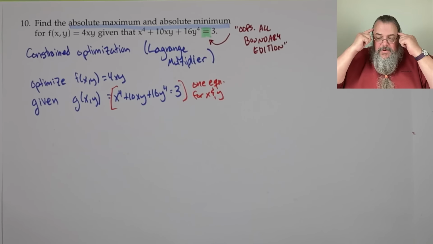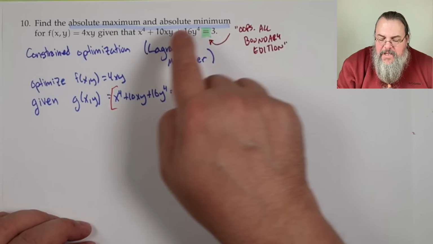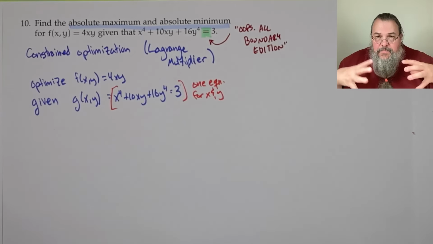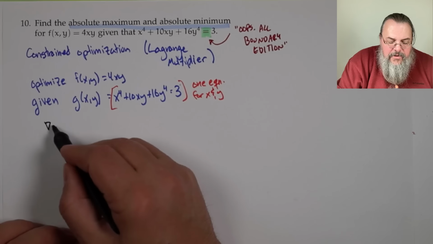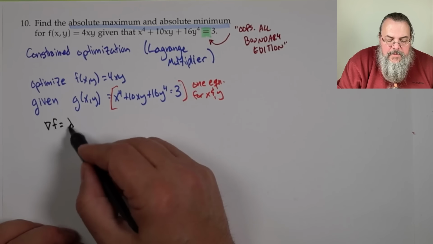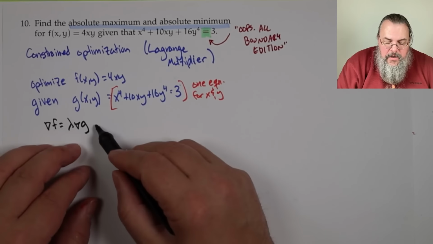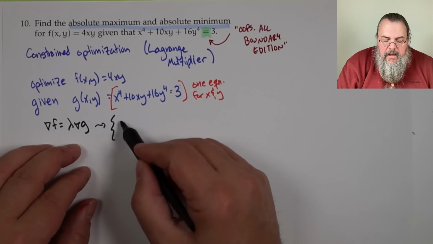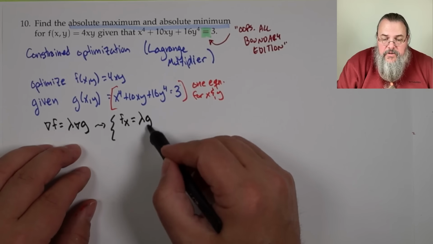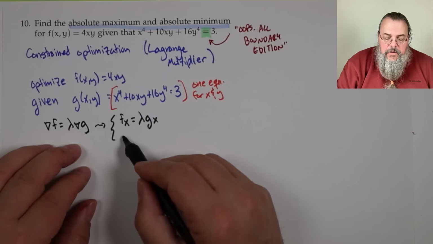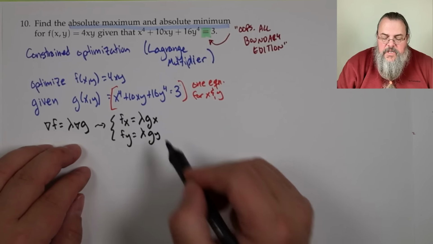The thing to remember for that: if you see an optimized function given something equals something, so you're on just the boundary, then you say, I'm going to look at gradient of f equals lambda gradient of g. So that's the thing to remember. Or that really says the partial derivative of f with respect to x equals lambda times the partial derivative of g with respect to x. Partial derivative of f with respect to y is lambda times the partial derivative of g with respect to y.